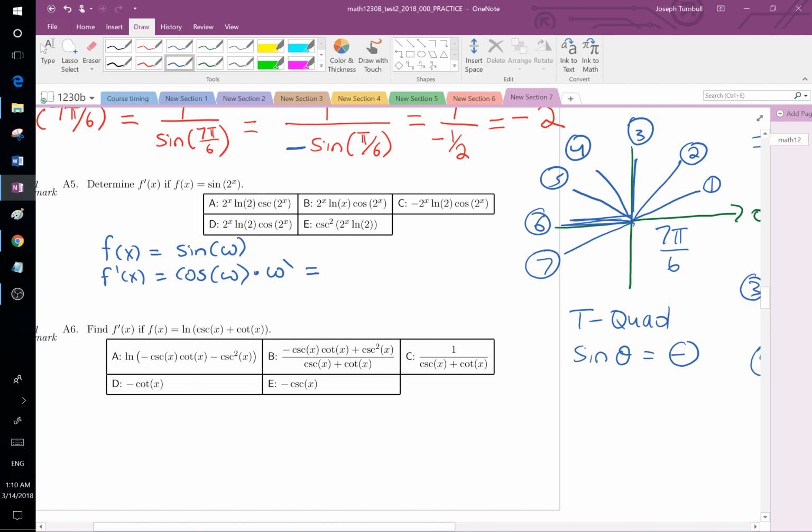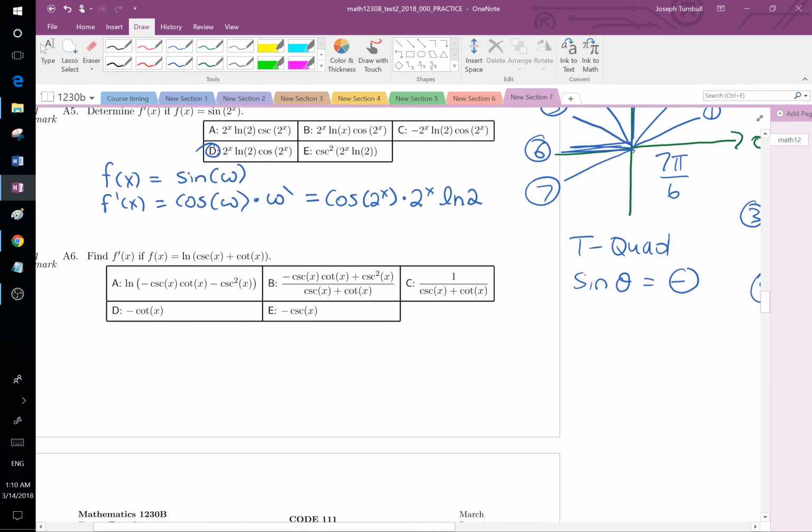Then we can plug in what we have. Cos of 2 to the x multiplied by the derivative of 2 to the x. And the derivative of 2 to the x is 2 to the x times the ln of 2. And we look for an option that looks similar, maybe in a different order of multiplication. So 2 to the x times the ln of 2 times the cos of 2 to the x, or option D.